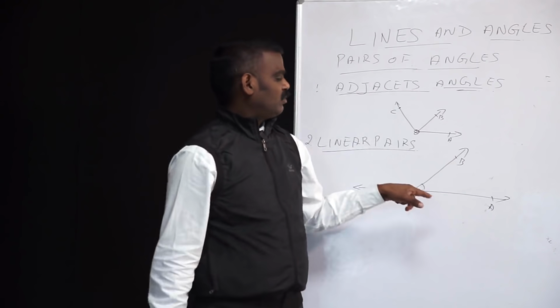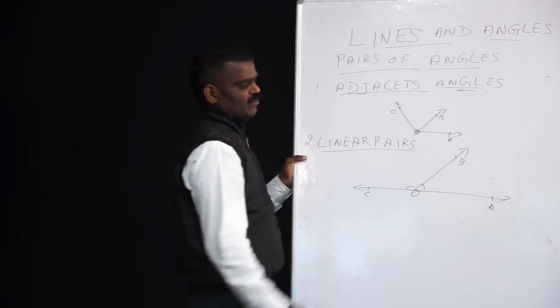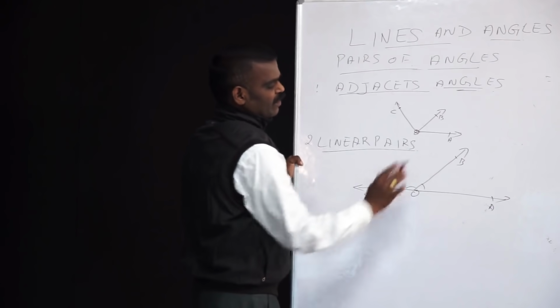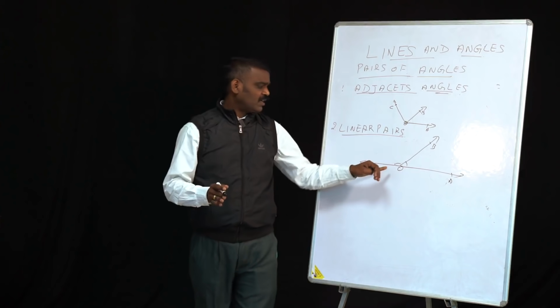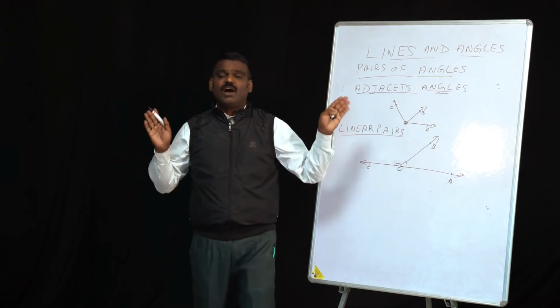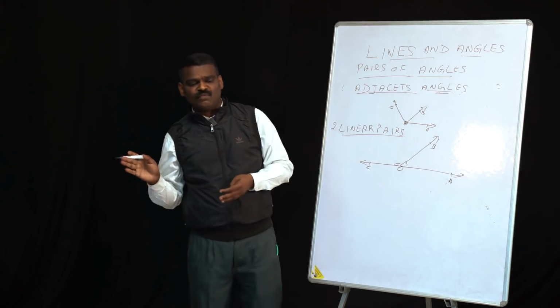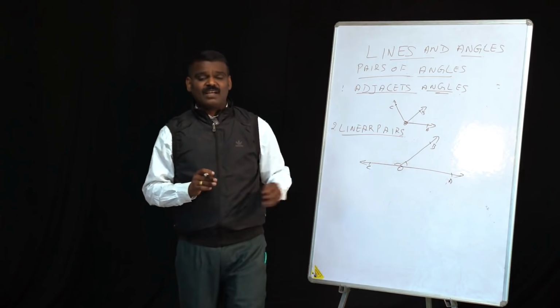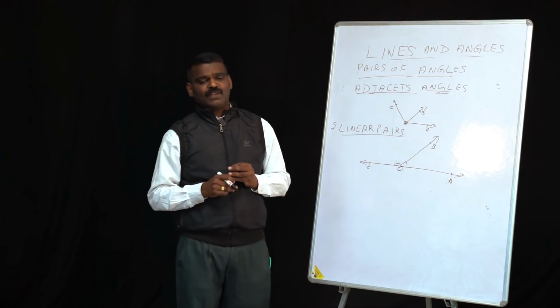There are three rays: AO, BO and CO. One ray is common for two angles, that is BOC and AOB. BO is the common arm. The non-common arms are CO and AO. They are in opposite directions. One is going to east, another one will be going to west. So these are called what angles? Linear pairs of angles.